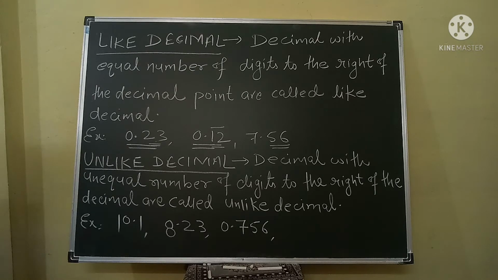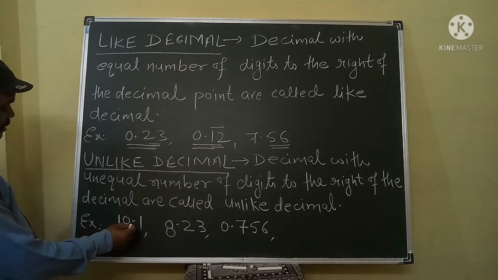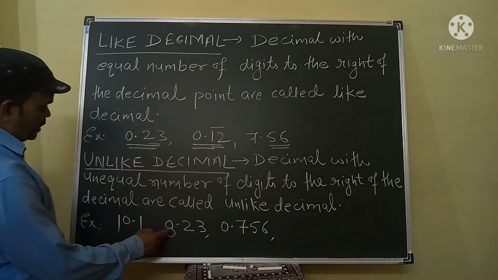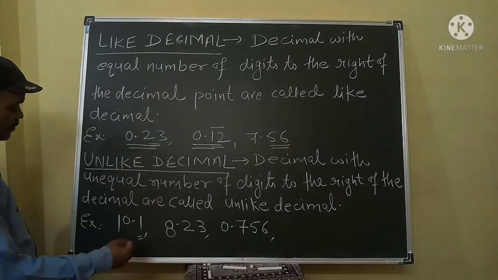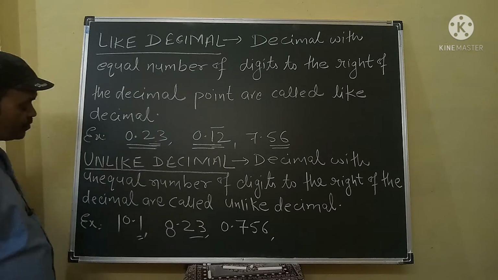For example, this is 10.1. After the decimal point, this is only one digit. In 8.23, after the decimal point, the number of digits is 2.